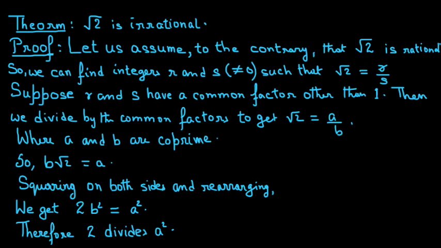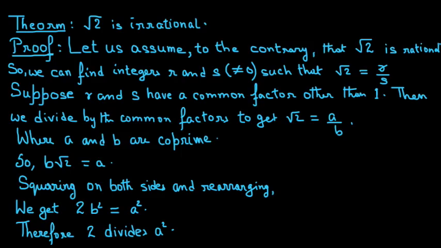Proof. Let us assume, to the contrary, that root 2 is rational. So we can find integers r and s, s not equal to 0, such that under root 2 is equal to r upon s. Suppose r and s have a common factor other than 1.